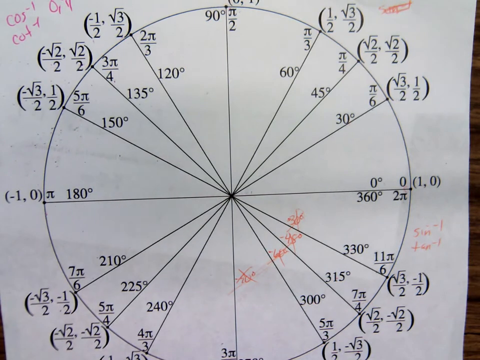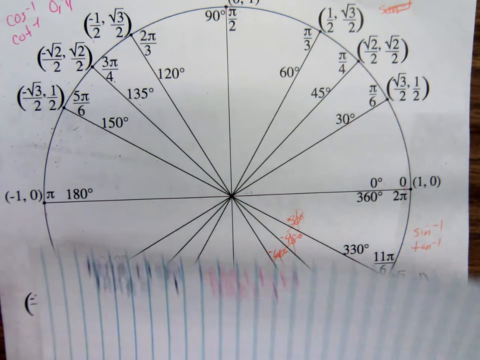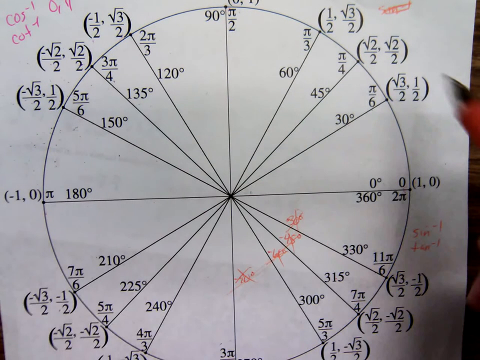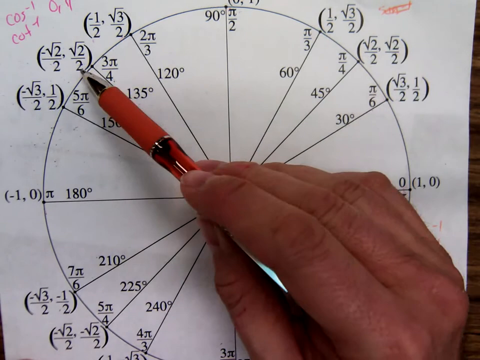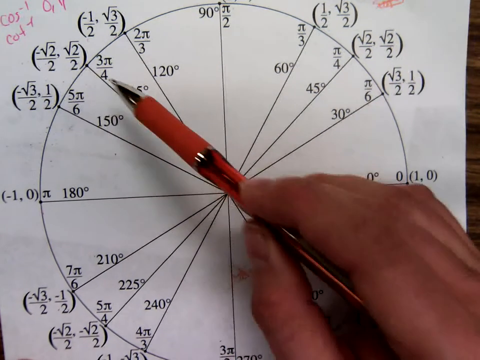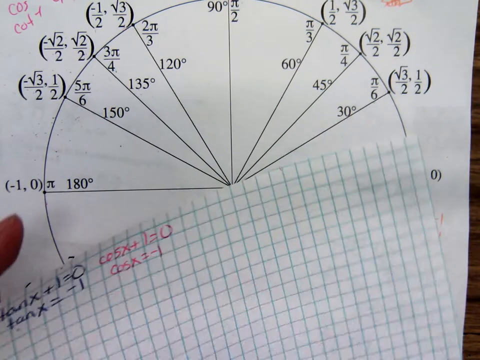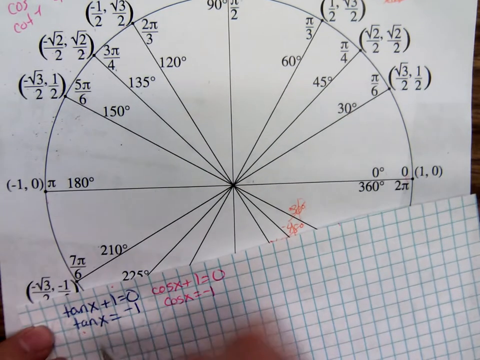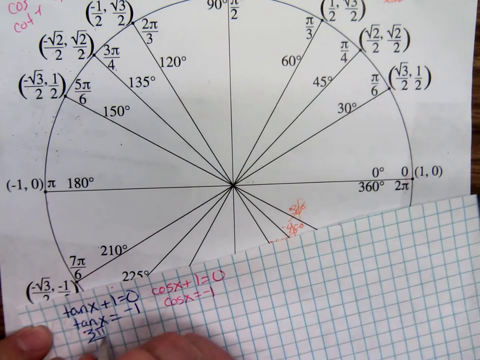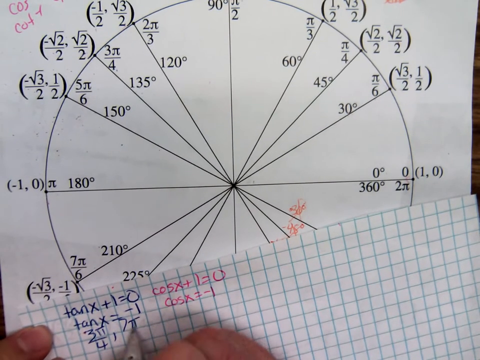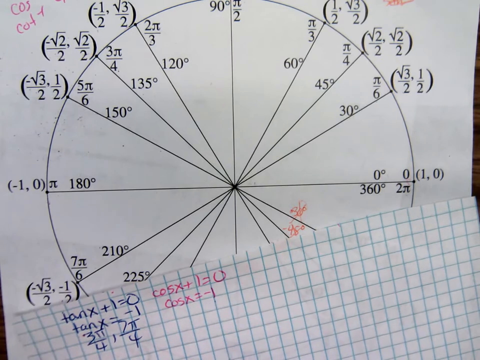Where's tangent equal to negative 1? Well, sure not here, but at 3 pi over 4 and also at 7 pi over 4. So 3 pi over 4 and 7 pi over 4. Where's cosine equal to negative 1?